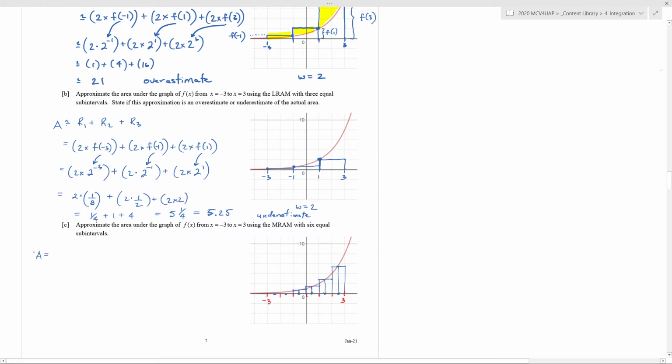The width now, in this case, because we're using 6 subintervals, we take the distance from negative 3 to 3, 3 subtract negative 3 and divide it by 6, which means our width this time is going to be 1. So the area of 6 rectangles now we have to add up.